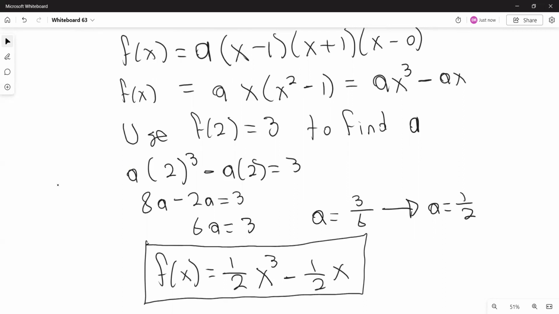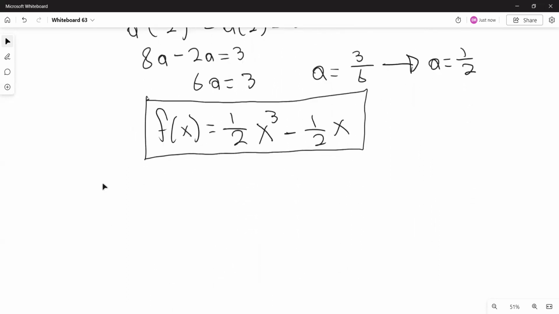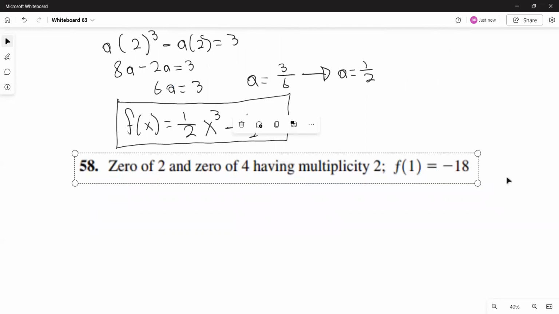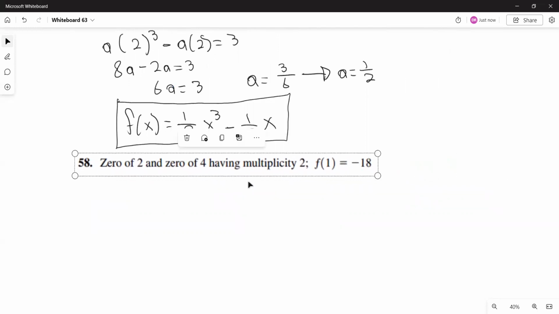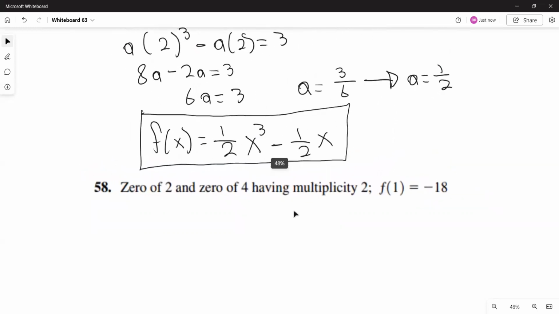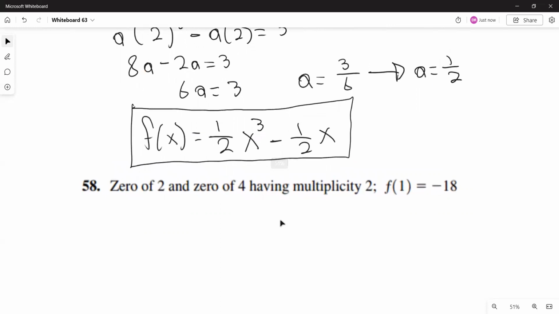And number 58. I'll copy the description. We're going to find a polynomial function having a 0 of 2 and a 0 of 4 having multiplicity 2, where f of 1 is -18.